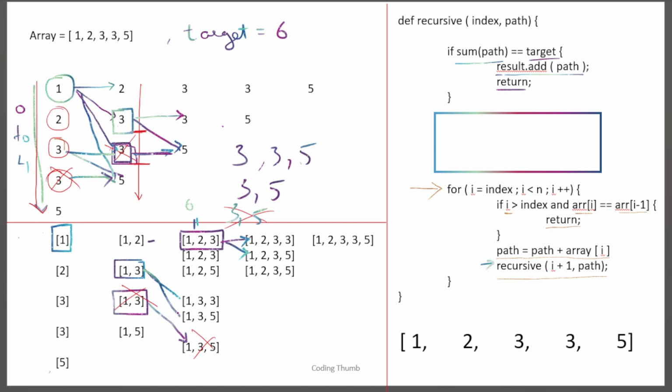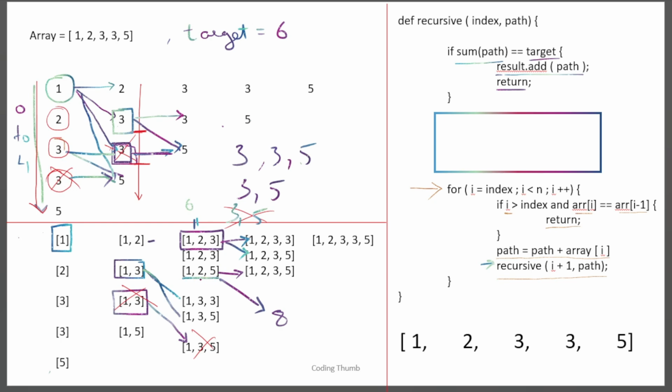Another piece of code that we need to check is if the sum of the path is greater than the target, then we need to exit. So here the sum is 8, which is greater than 6. So we don't have to explore any of the path further here.